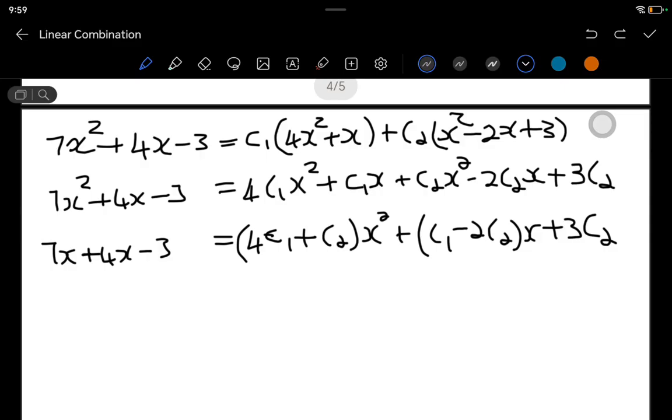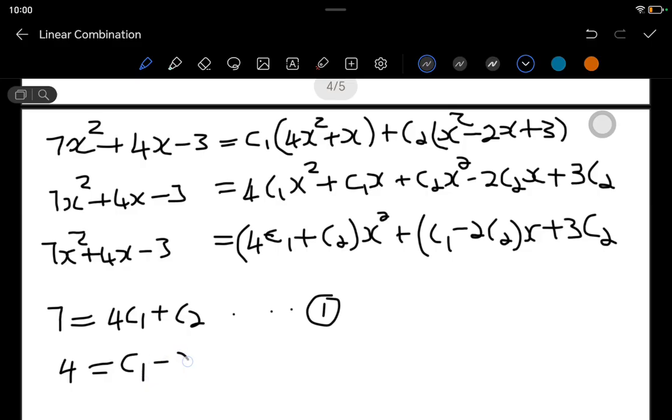So this is how we can find C1 and C2. Now I'm going to equate the like terms: x squared with x squared, 4x with 4x, constant with constant. In that manner, we're going to say that 7 will be equal to 4C1 plus C2. Then 4 will be equal to C1 minus 2C2.